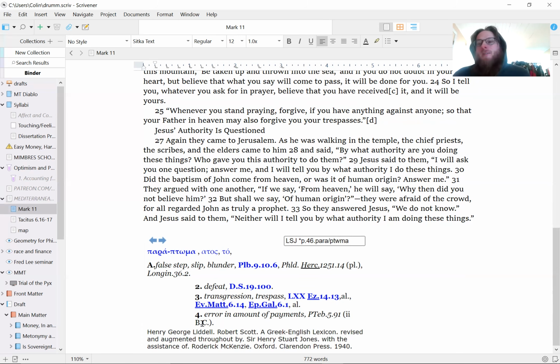There's always monetary meanings lurking in this stuff. So this means an error in the amount of payments. So Jesus says, forgive the accounting discrepancies that others owe to you, and you will be in turn forgiven your own accounting discrepancies.